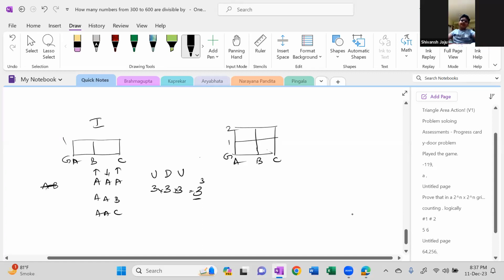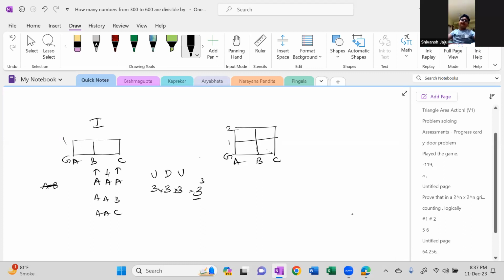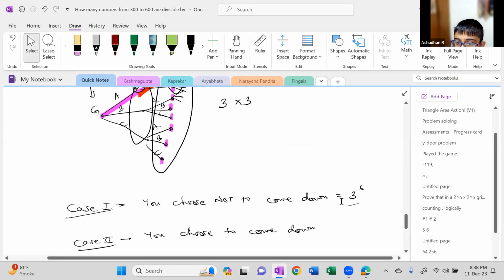So there will be 3 power 4 possibilities, as you again get one more chance to choose a staircase while you are going from floor 1 to floor 2. Okay. Oh, but sir, you should also consider the possibilities that we are not coming down. That is A, and we have considered 3 power 6.